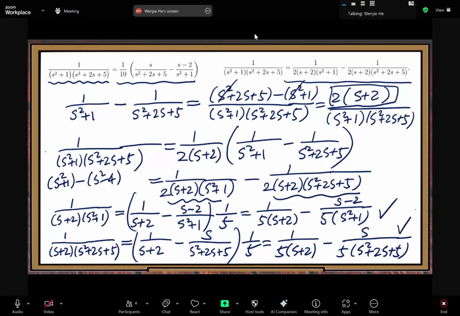So here I just show you, if you have good control of the algebraic operations, fractional operations, then all the splits like these examples you can handle well.